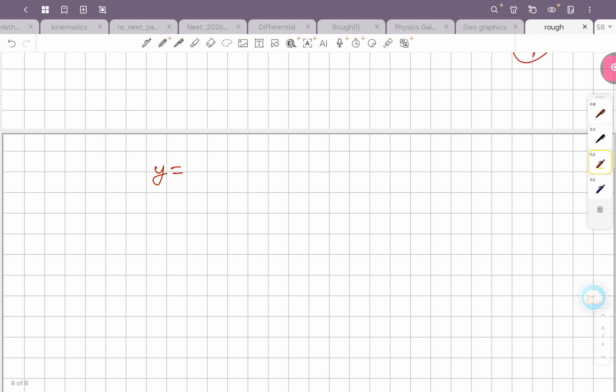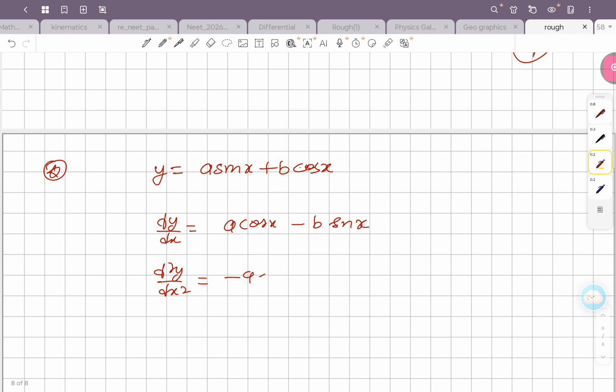Suppose that you are given a function a sin x plus b cos x. How can you find the minimum or maximum? So dy by dx is equal to a cos x minus b sin x, again d2y by dx square is equal to minus a sin x minus b cos x, so you can take common minus of a sin x plus b cos x.